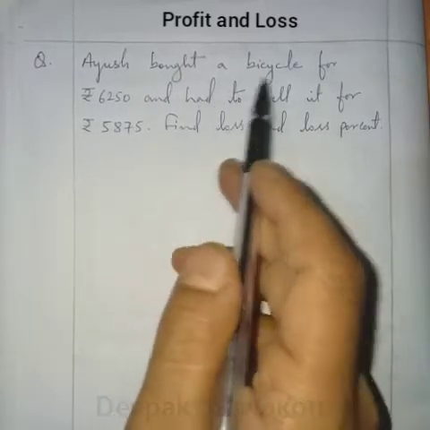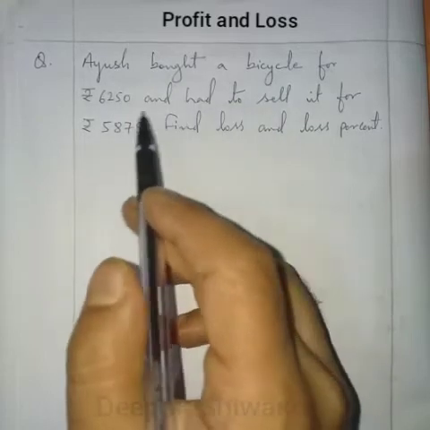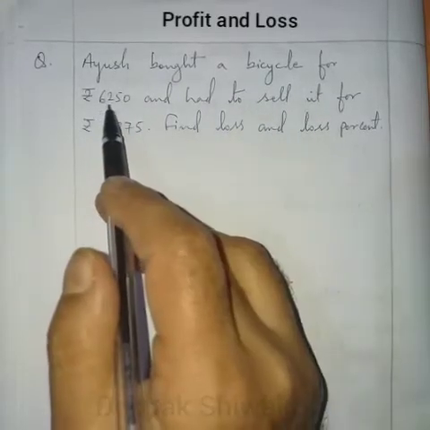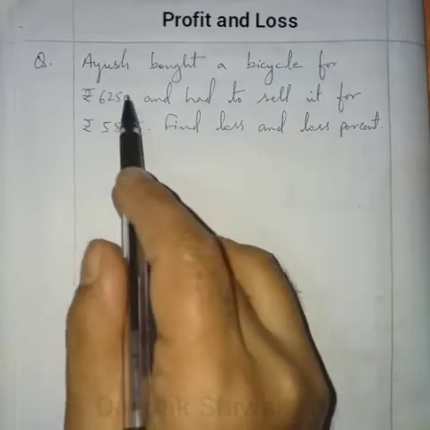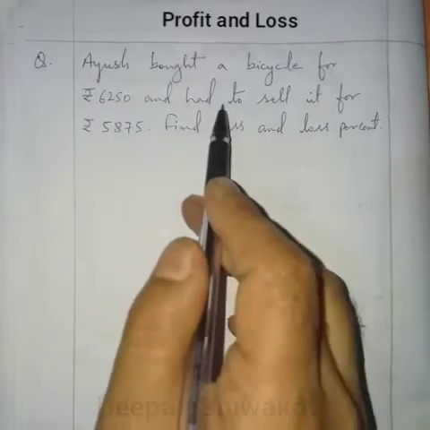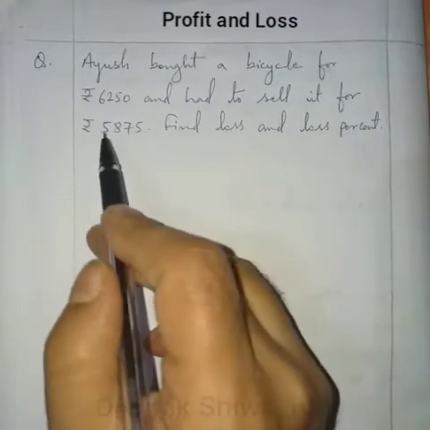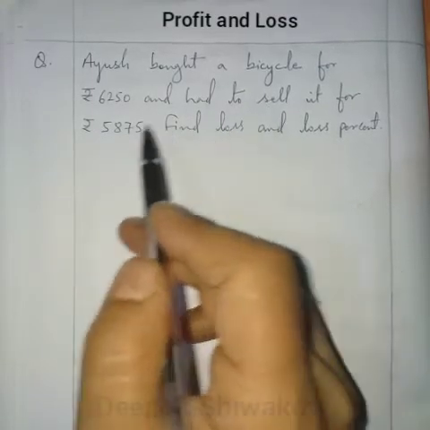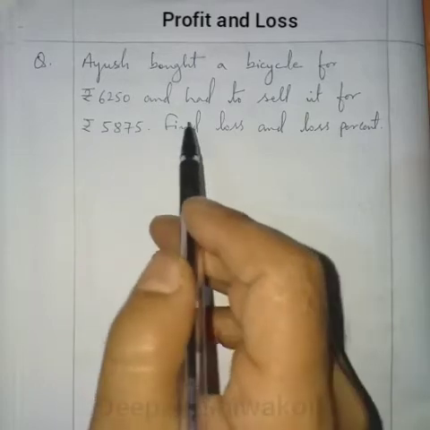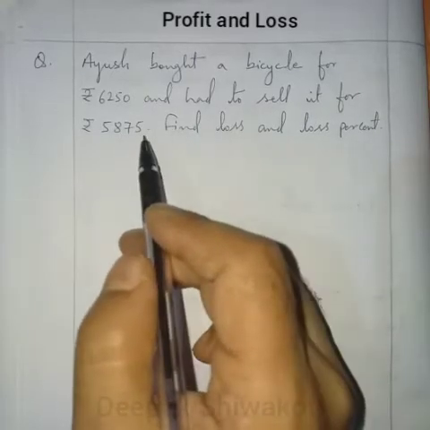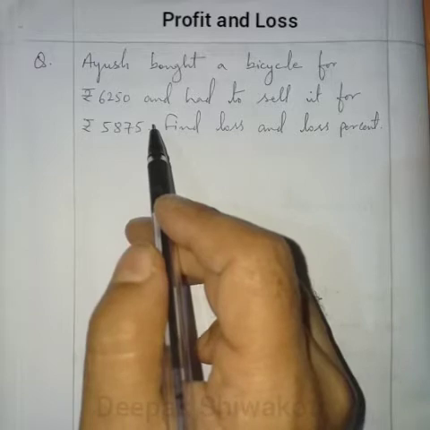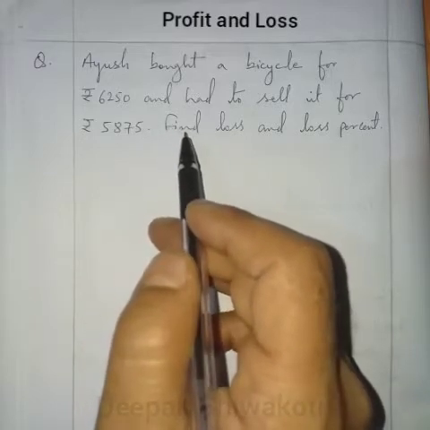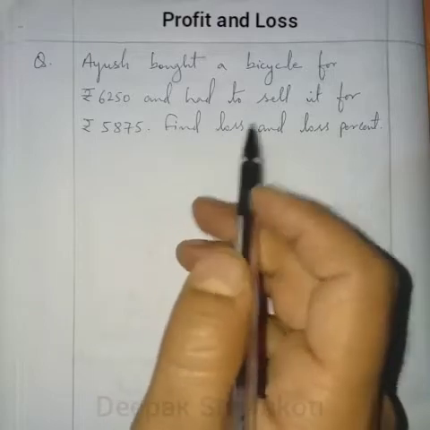Ayush bought a bicycle, it means cost price is given in the question, for rupees 6,250, this is the cost price, and had to sell it for rupees 5,875. So selling price is this much. Now here we have to decide whether he has lost or he has profit. So the question is find loss and loss percent.